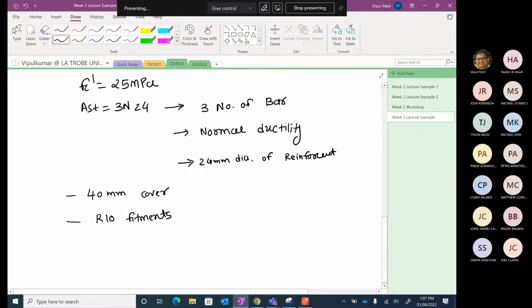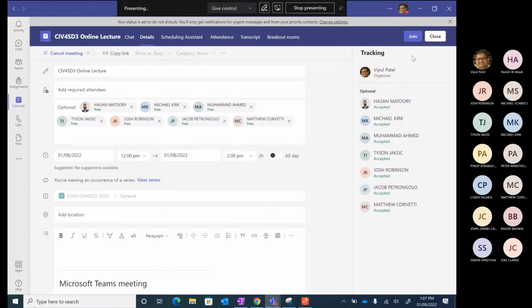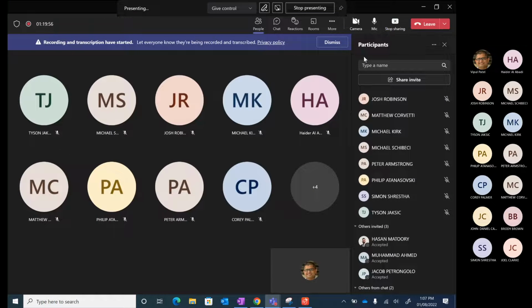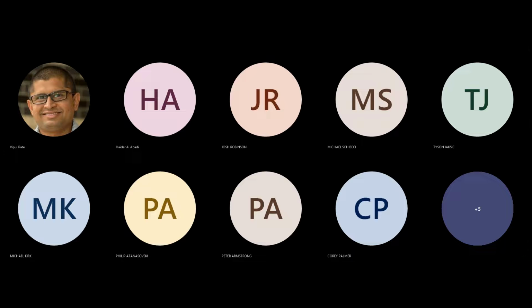Let me go through one of the examples, or let me take you through this. I will share the screen in a minute. I just need to get the photographs that will help me to explain the theory.